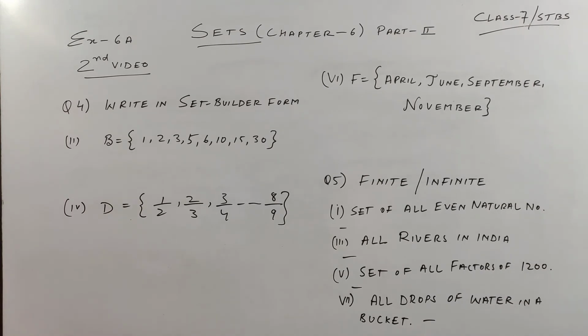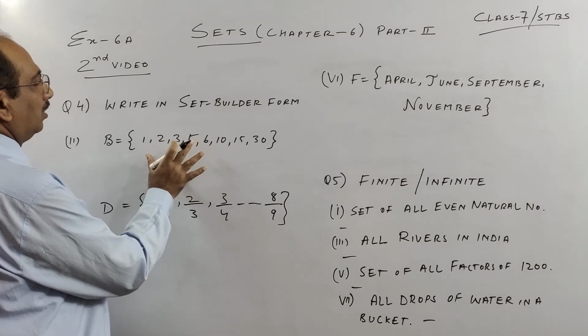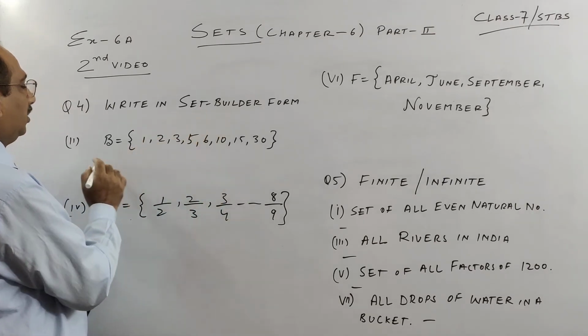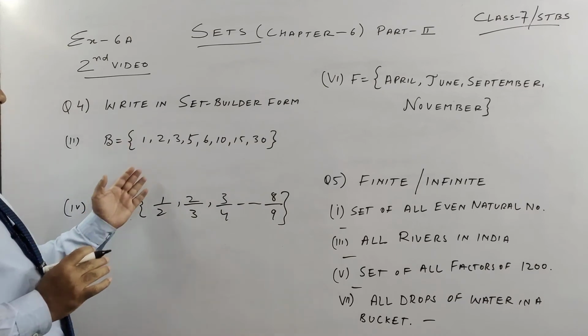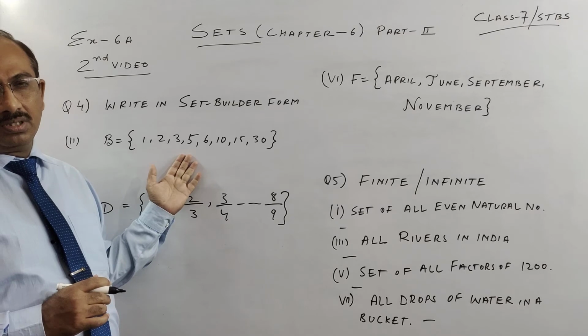So here we move on to question number 4, where we have to write in set builder form those sets which are given in roster form. So if you see, children, this I have already taught you, what are factors and multiples.